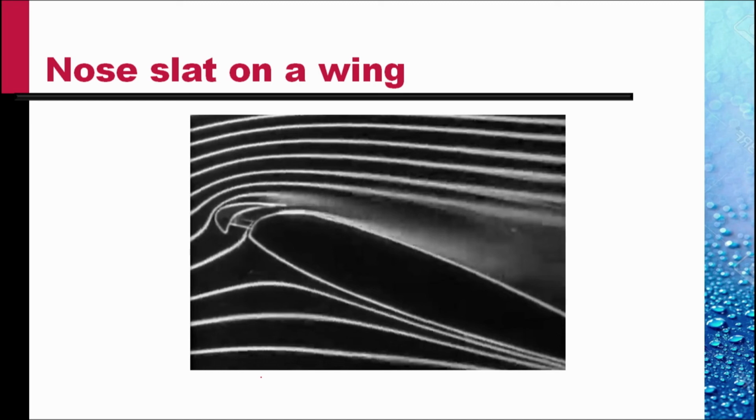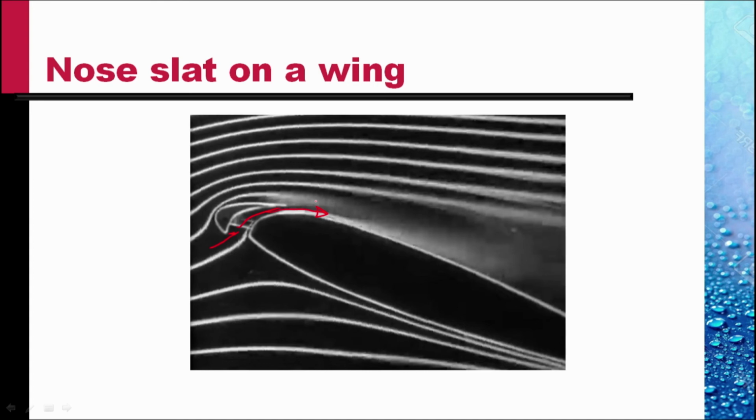If we introduce a slot in that aerofoil at the tip, then the increased pressure of air here would force the air into it, and this air is released tangentially onto the upper surface.